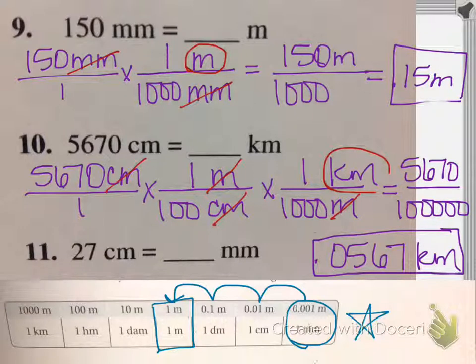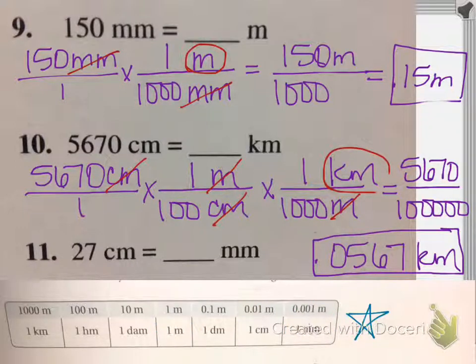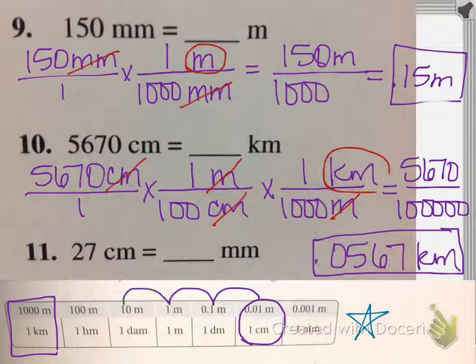Or if you use the table down here at the bottom, let me get rid of our previous work. I'm starting at centimeters, which is right here, and I'm going all the way to kilometers, which is over here. So that's a jump of 1, 2, 3, 4, 5.